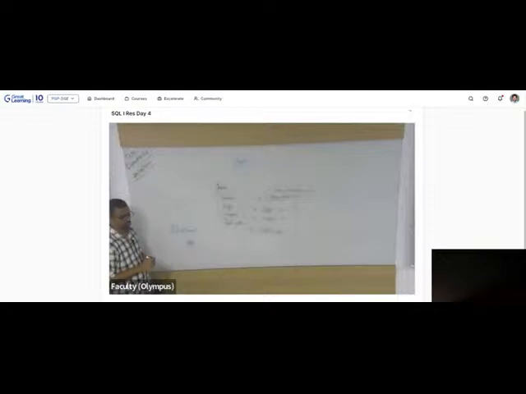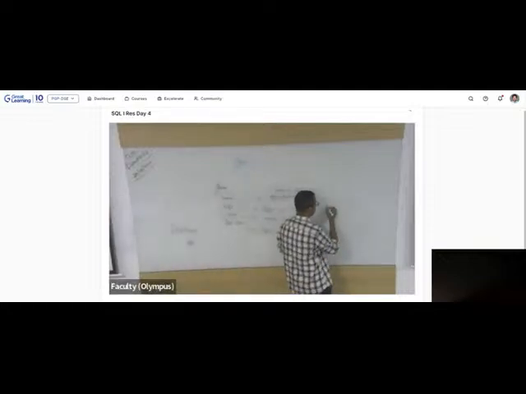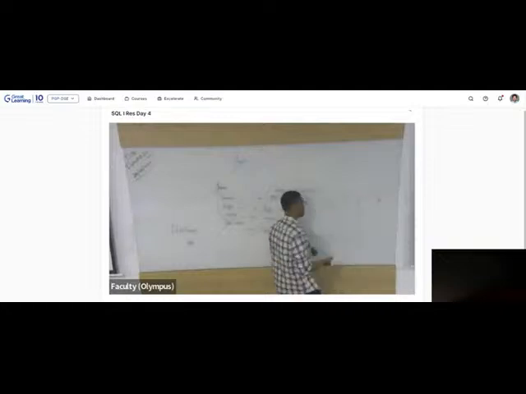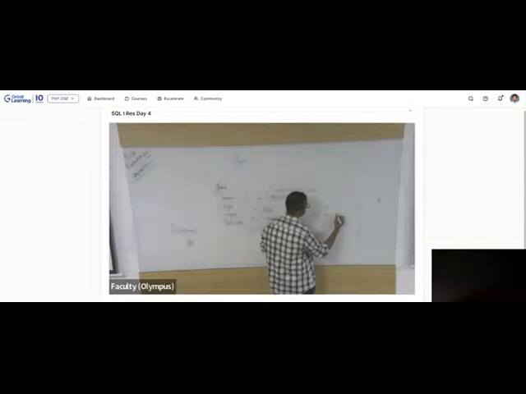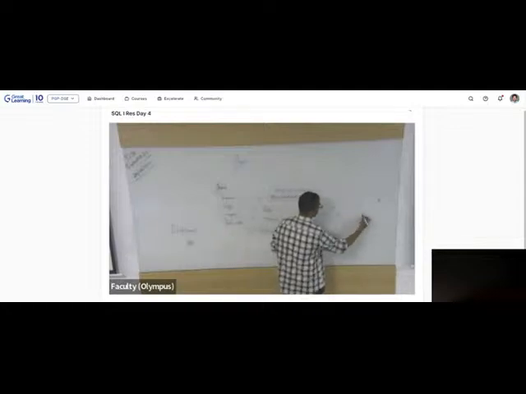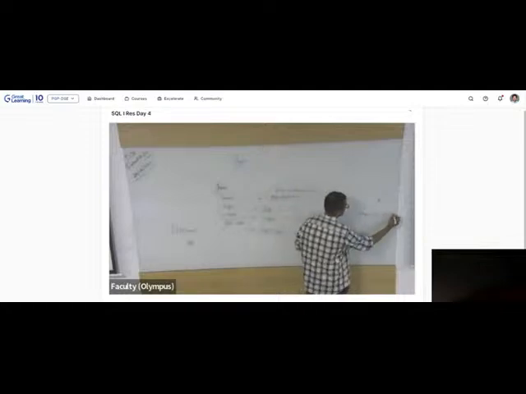Let's say table A is here and table B is here, and table A has 3 columns, say name, age, and phone number. Another table has name, age, email.